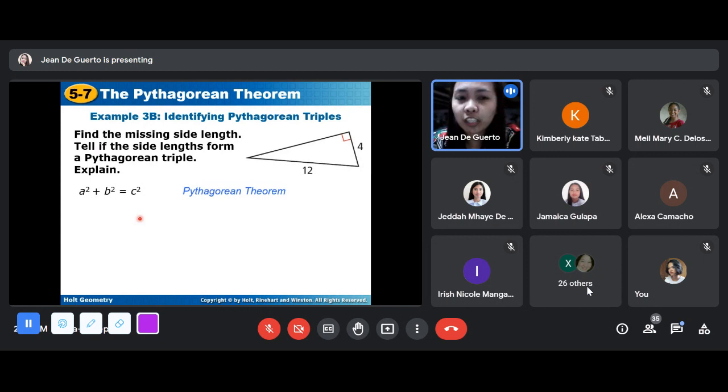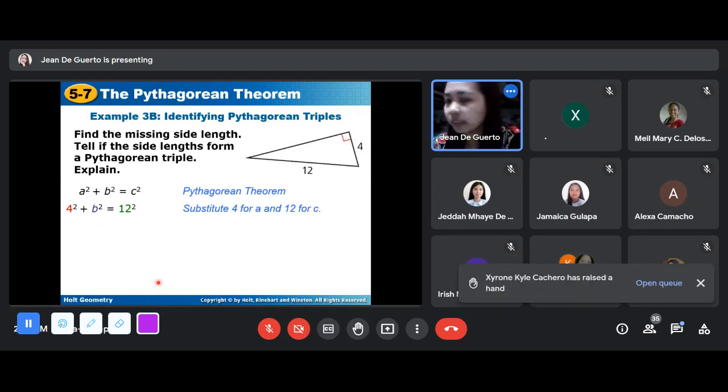Ano yung isa-substitute natin dun sa C? Ma'am, 12 po. 12 po yung isa-substitute sa C. Very good. So, dapat ganito yung equation nyo. You should have 4 squared plus B squared is equal to 12 squared.